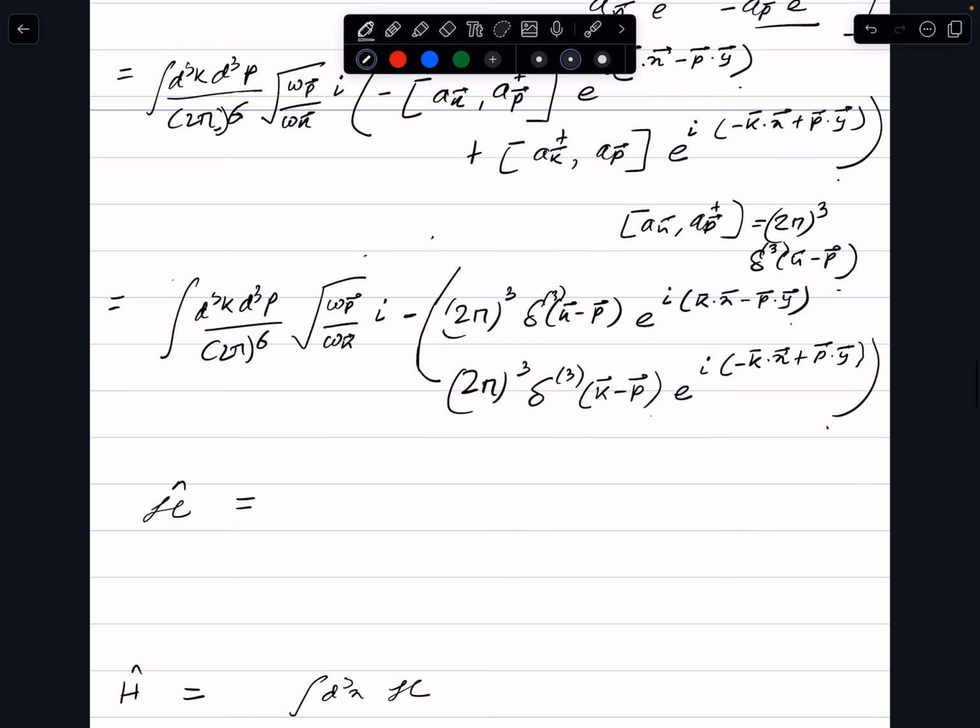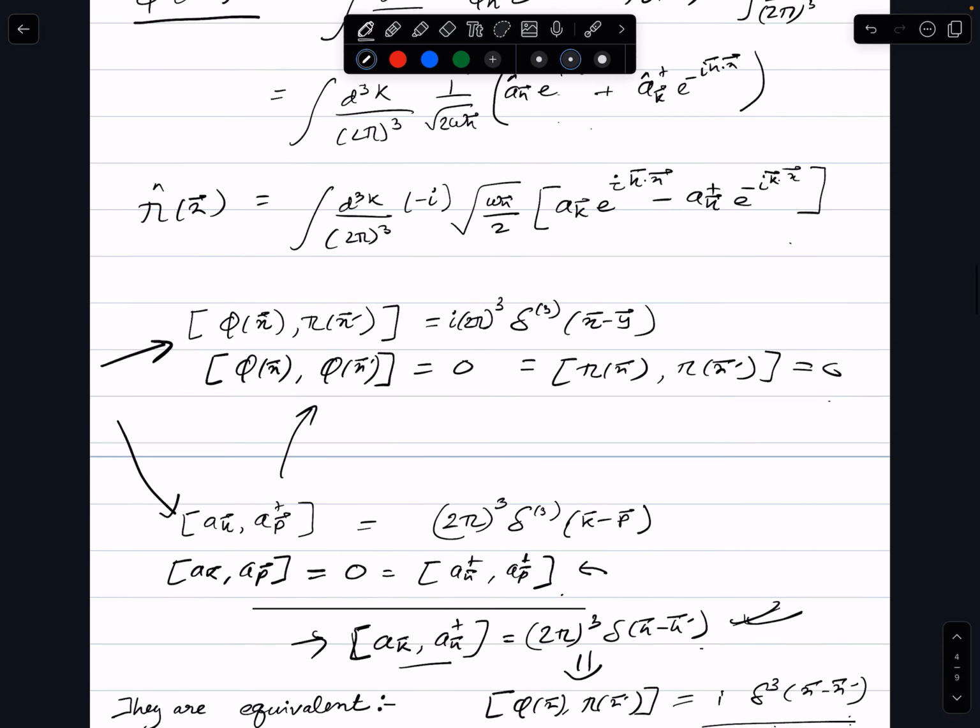There's some problem with the minus sign I'm seeing. Some extra minus sign somewhere. Anyway, I will get the answer up to a minus sign, I think, for some reason. Was there a minus I somewhere?